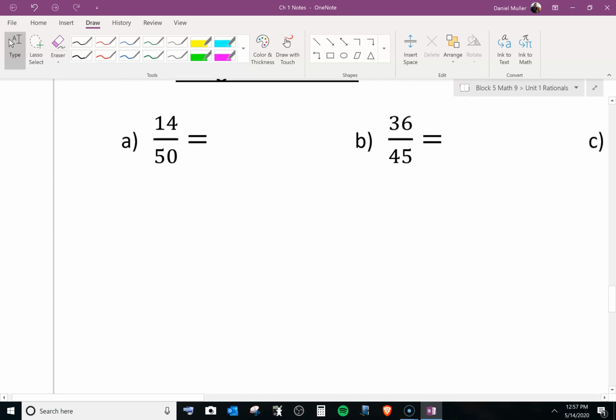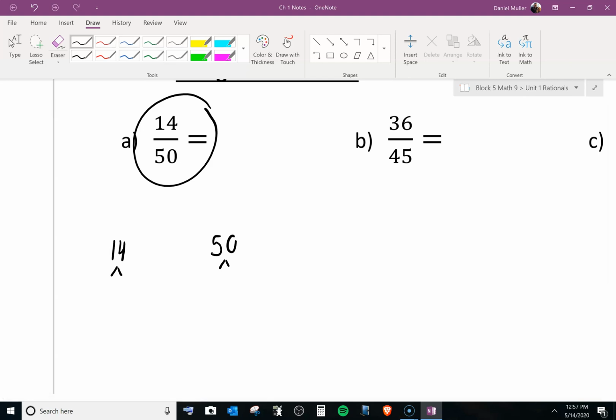So what do we have to do first? The plan is that we're going to take 14 and do a little prime factor tree, and then take 50 and do a prime factor tree. And then we're going to rewrite the expression there as a product of primes. So 14, easy enough, 2 times 7.